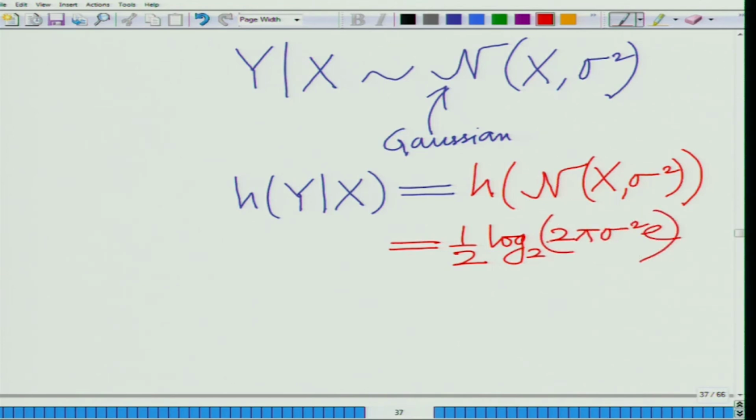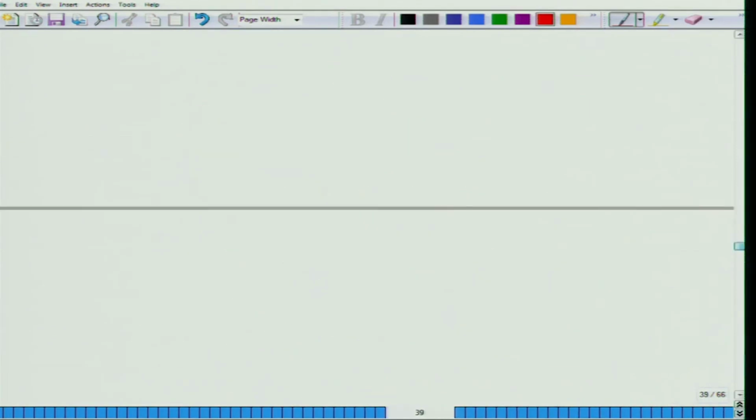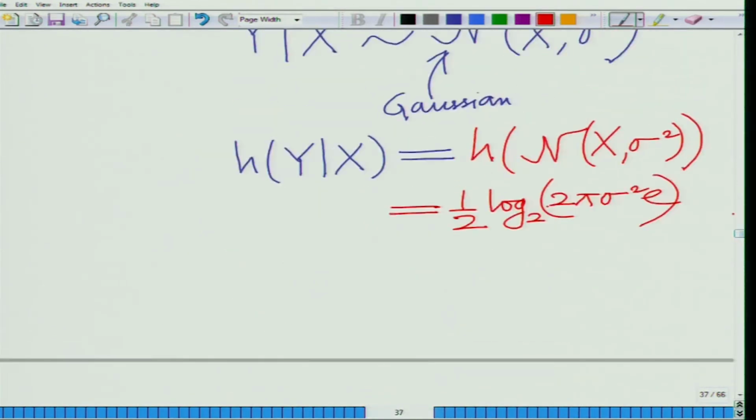To refresh your memory, we derived this previously. So given x, the differential entropy of y given x is simply half log to the base 2 of 2 pi sigma square e.